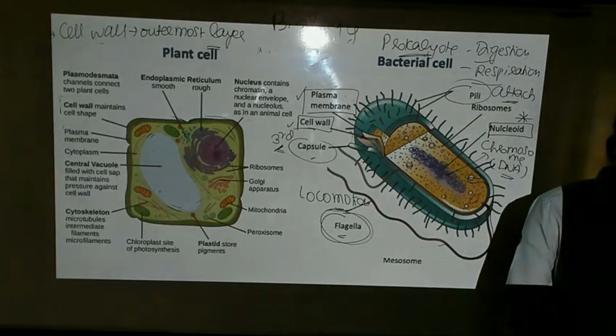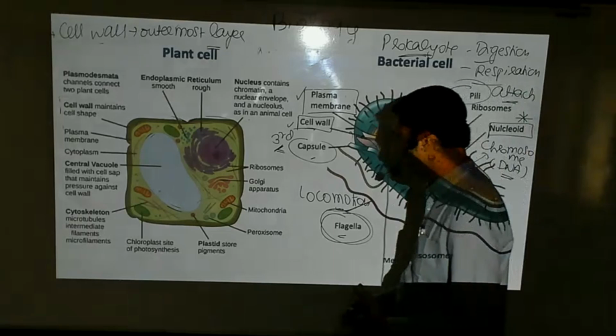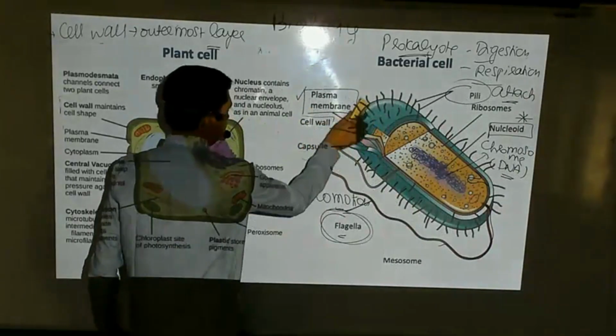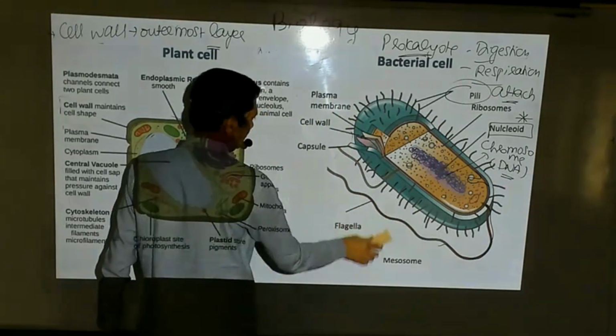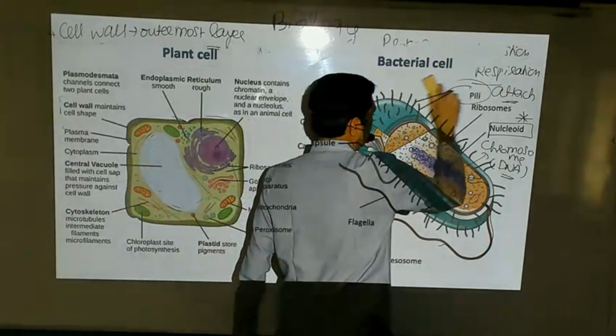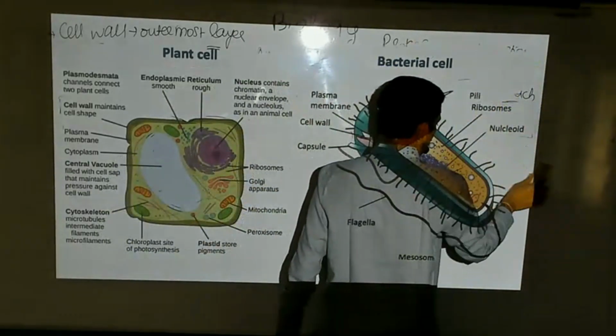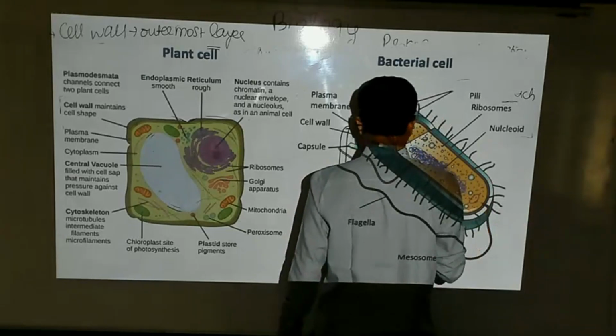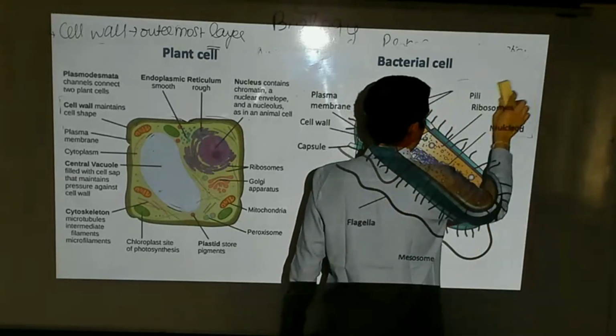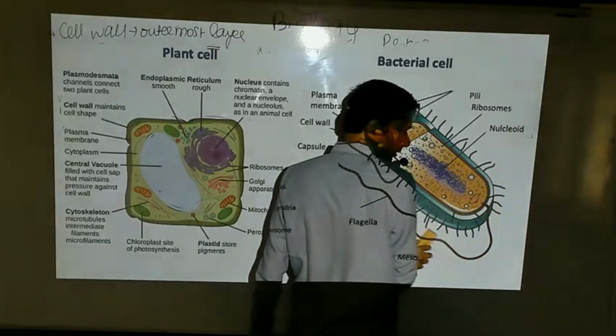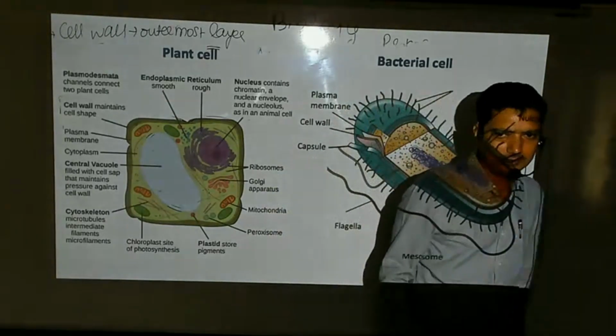Okay. Before moving to the next idea, I would like to briefly mention, because this is something that is important for the exams, I would like to add this extra detail here. We talked about cell wall being present in plants as well as in the bacterial cell. Is it made up of the same thing?